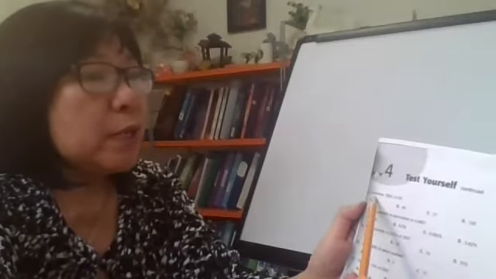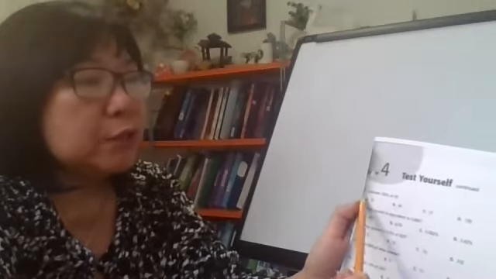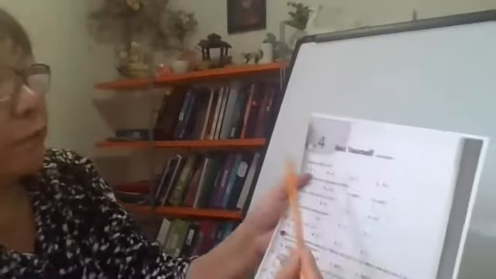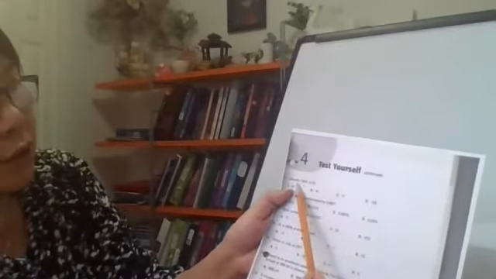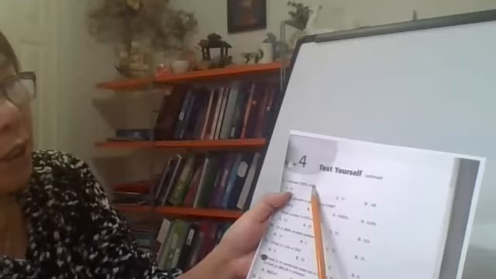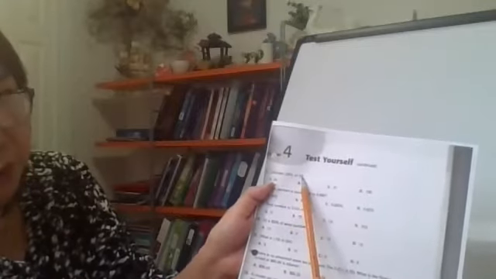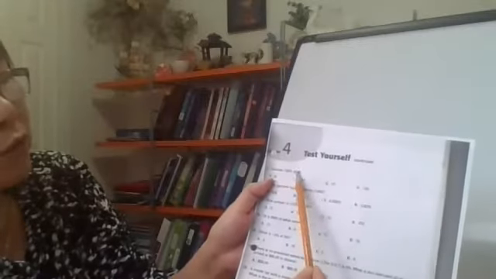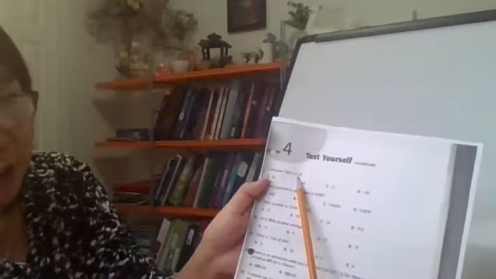For example, question 1 from the test I uploaded: calculate 135% of 20. If you want to find the percentage of a number, all you do is multiply that percent with the number. So 135% multiplied with 20 is your answer.